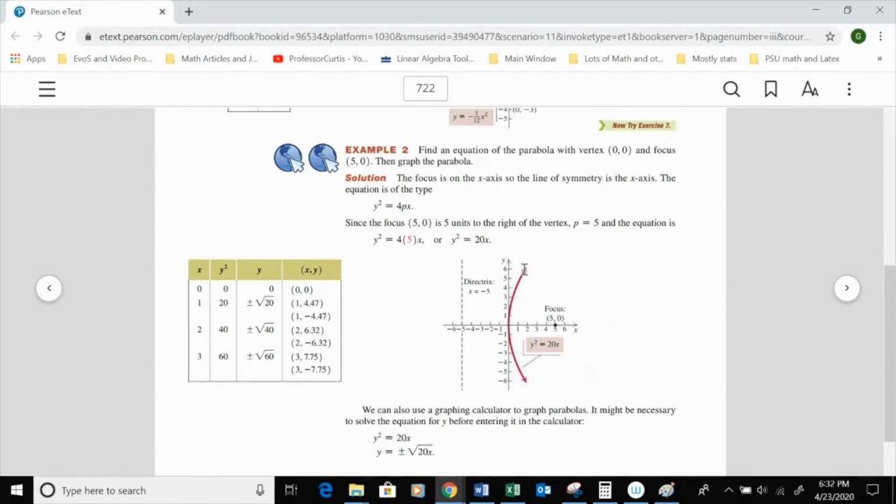This is an x equals y squared. And the formula with that, here's the x and here's the y squared. And the 4p gets multiplied by the thing that doesn't have a square on it. And we know what p is. They told me. It's 5. Oh, well, then y squared equals 4 times 5. That's 20. There. Formula. Y squared equals 20x.